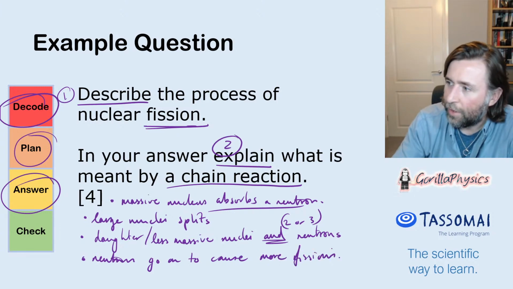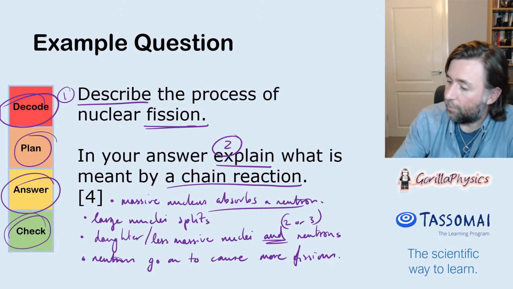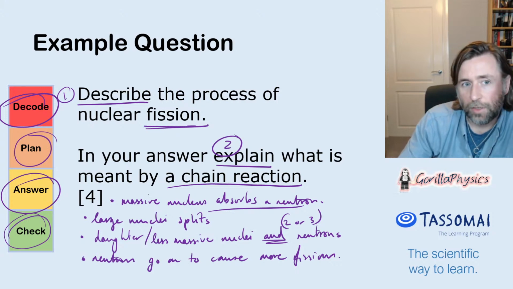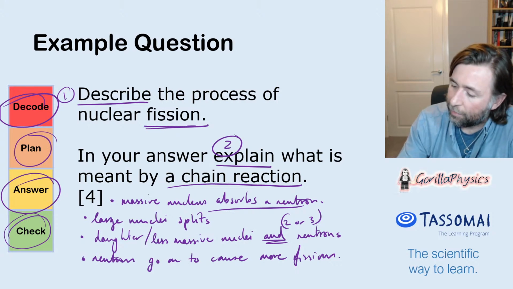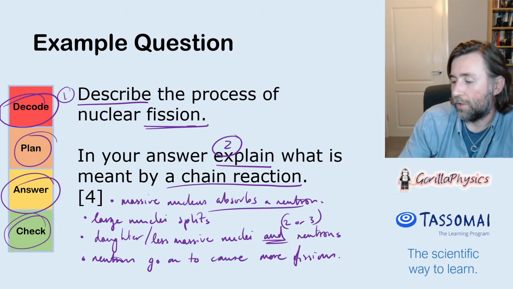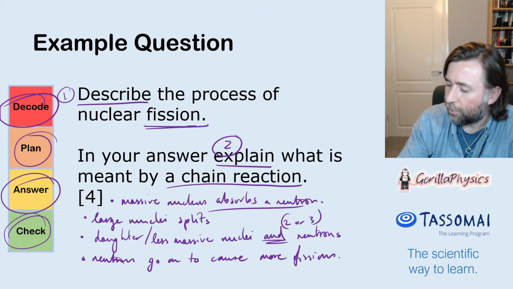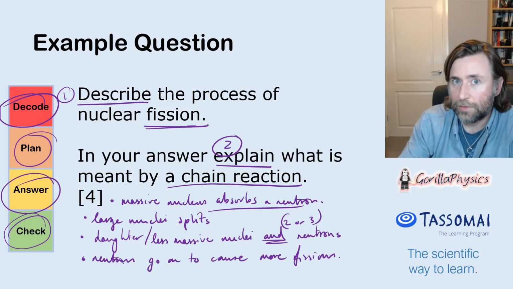Now, have we done everything? Let's check. We've described the process of fission. That's the first 3 actually. Massive nucleus absorbs a neutron, large nucleus splits, daughter or less massive nuclei, and 2 or 3 neutrons are released. Have we explained what's meant by a chain reaction? Well, yes we have. The neutrons go on to cause more fissions. That's the chain reaction.